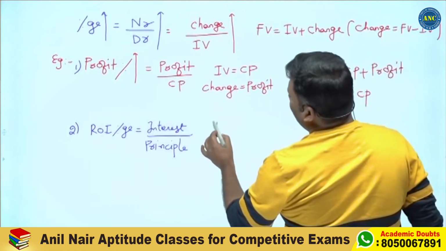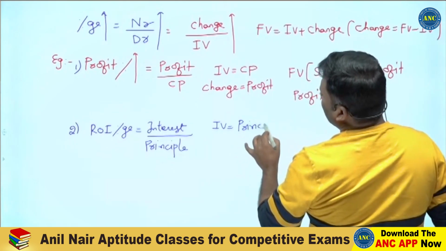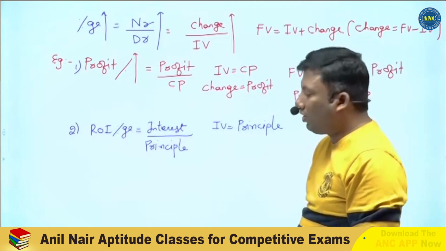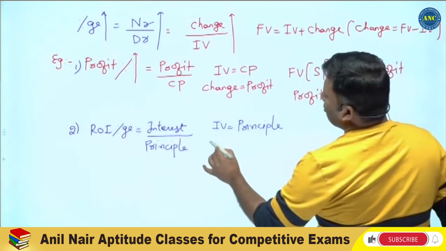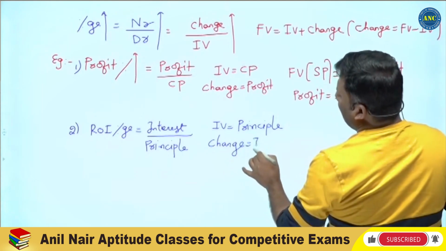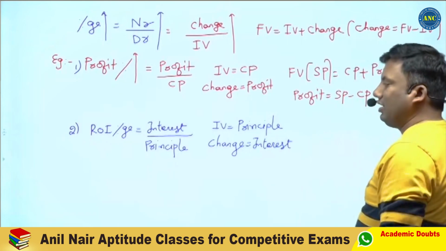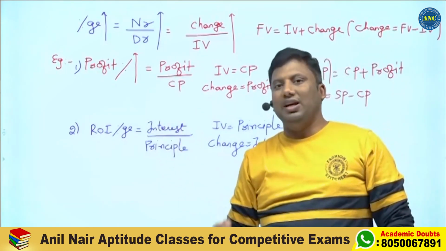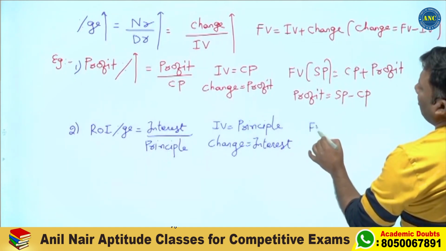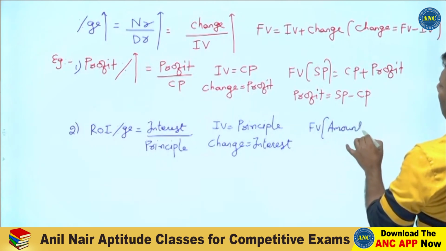So initial value, it is always principal. In simple interest and compound interest, initial value is always principal. And change is interest. How much extra I am giving for using somebody's money, that is called interest. What is the final value? Final value in compound interest, we call it amount.